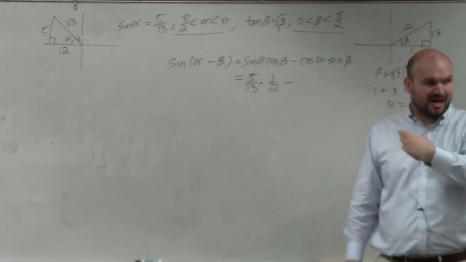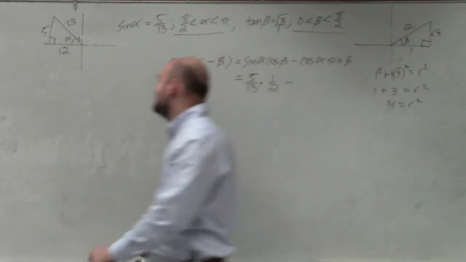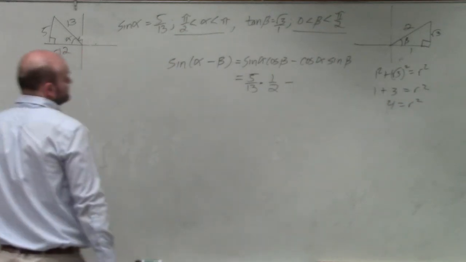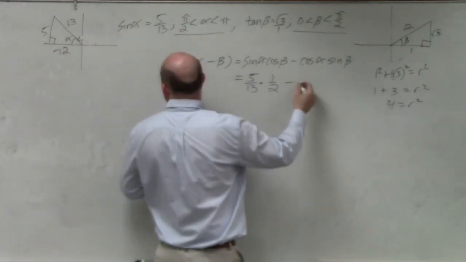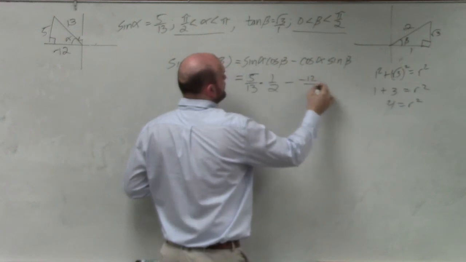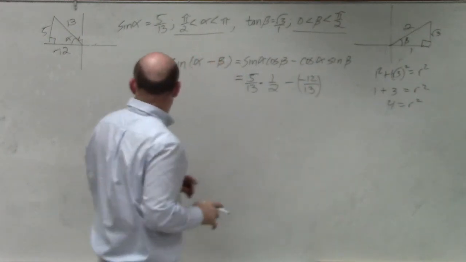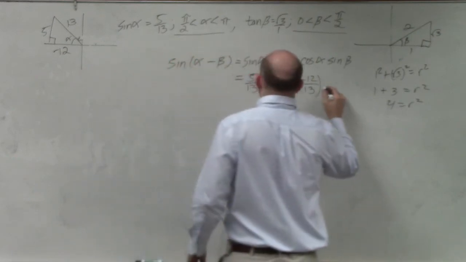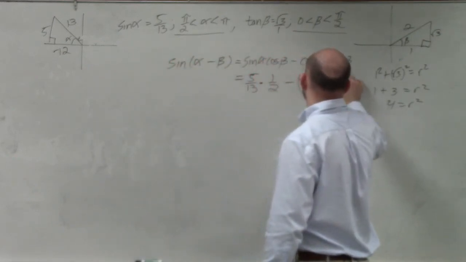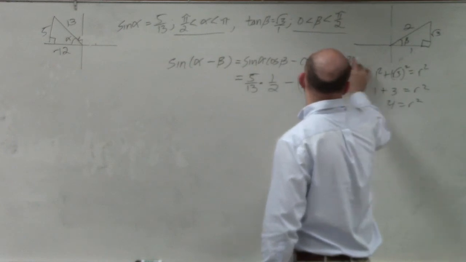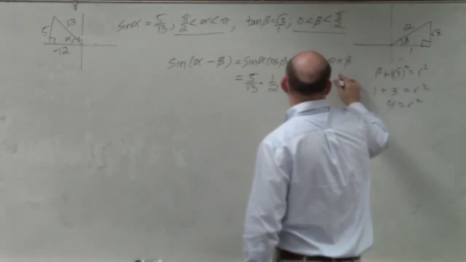So going to the left, 12 should be what? Negative. So therefore, cosine is negative 12 over 13. And then sine of beta is square root of 3 over 2.